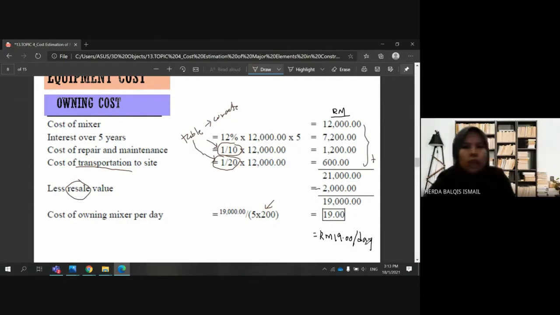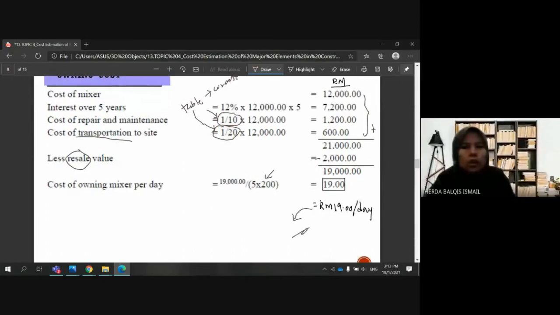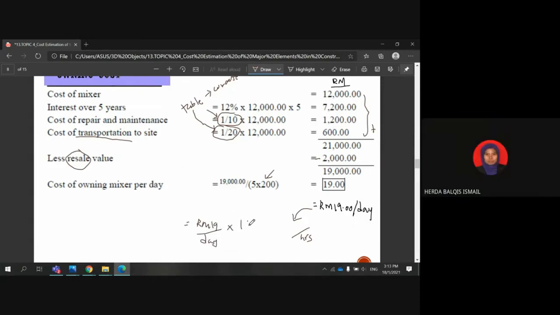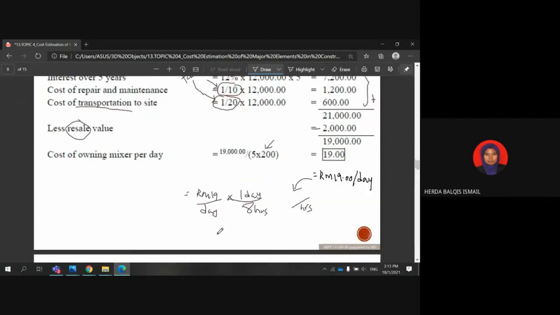If you want to convert day to hour, you need to divide the 19 ringgit per day. We know that one standard working day is 8 hours, so you will get this per hour. So it's either you convert per day or per hour.